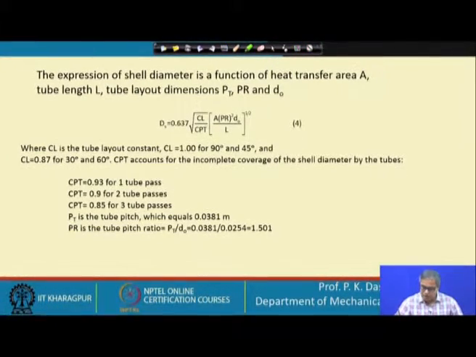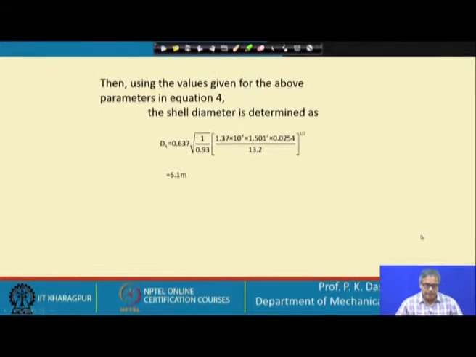Next slide, if we move, then from there we can calculate the shell diameter, which is 5.1 meter. This is the shell diameter. So, more or less we have got the geometrical parameters. Sometimes after this, the geometrical parameters are to be rechecked by modifying certain other quantities, which we will see.